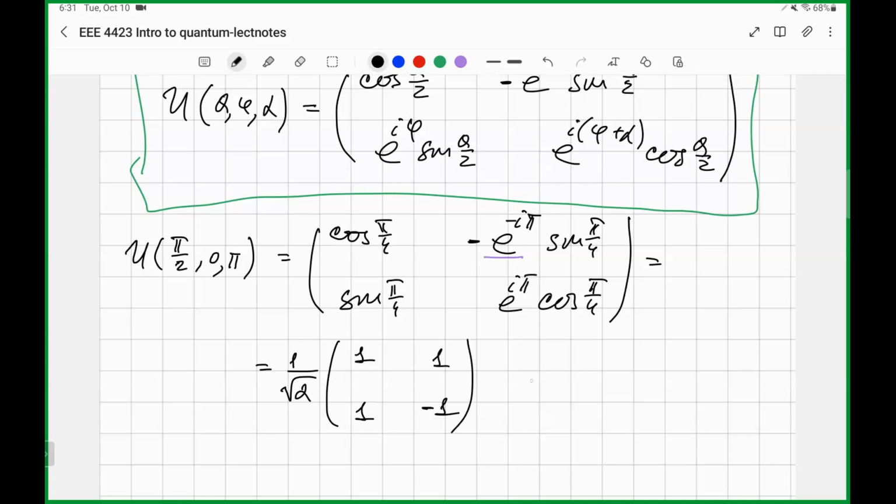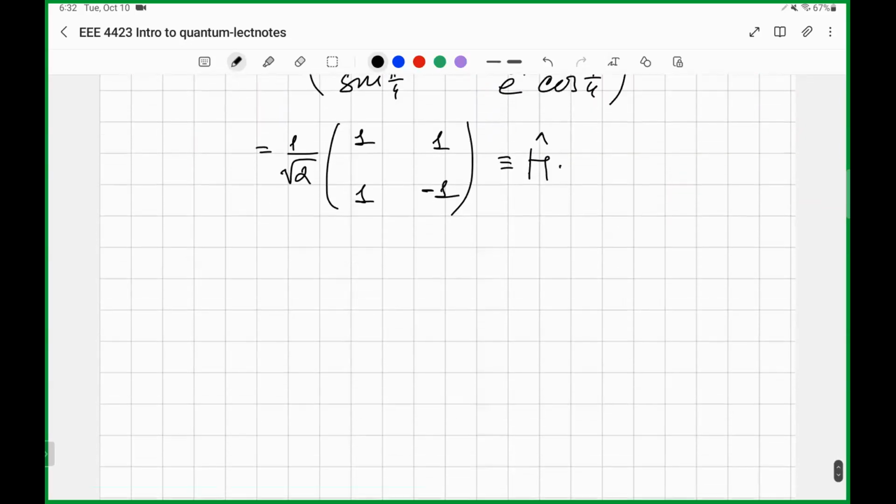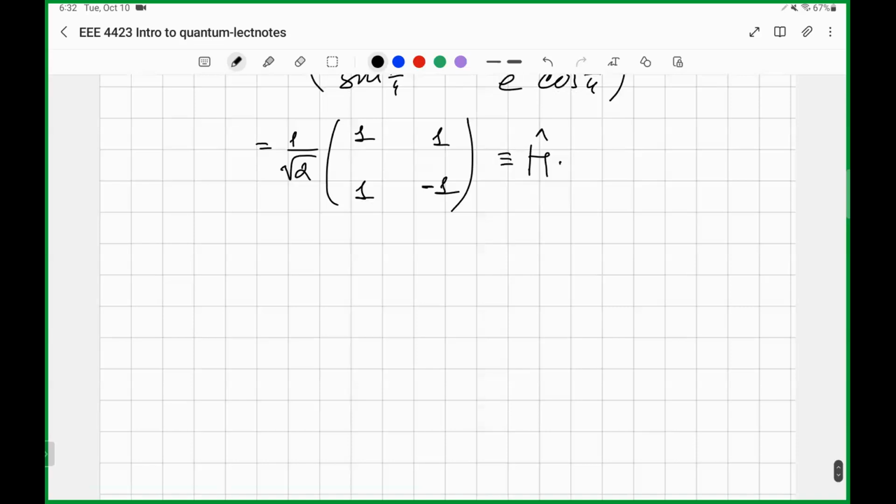So this is exactly the Hadamard gate. And the same way you can check that this type of gate represents all the single qubit gates we discussed so far. So this is basically it about the single qubit gates, and now let us discuss two qubit gates.